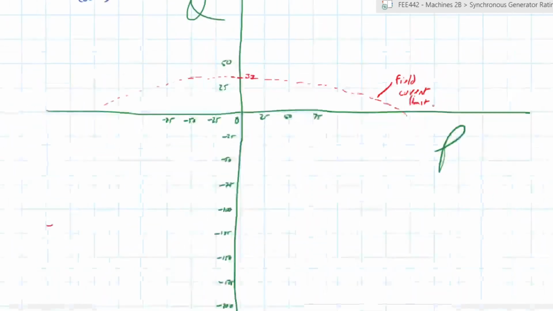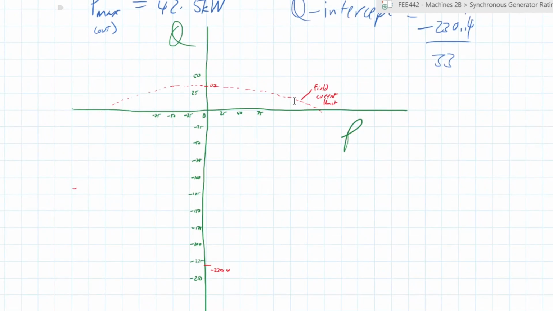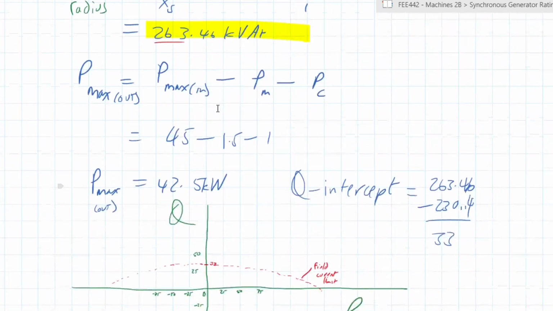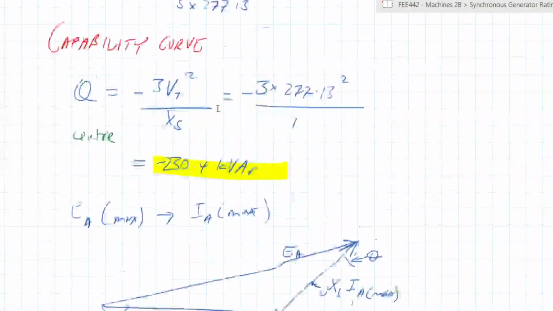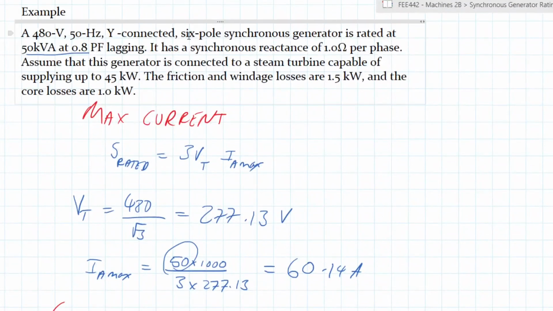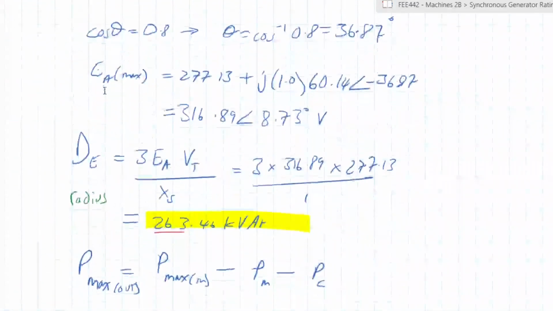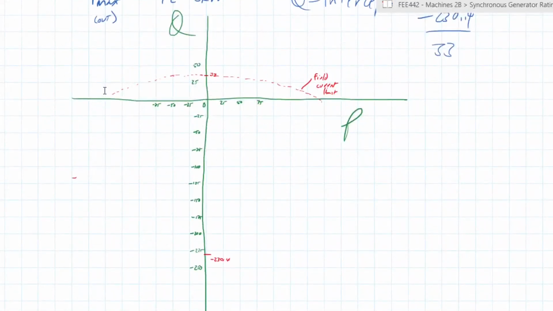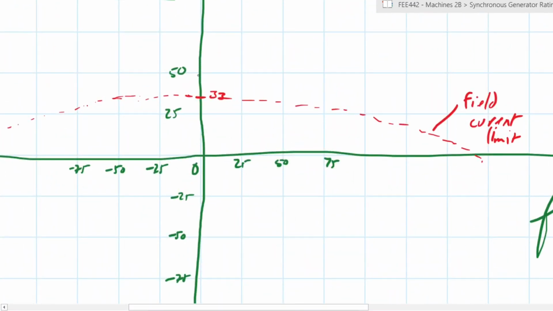Right. Next, we look for the stator current limit. The stator current limit is the limit of the generator itself. So how much power can the generator itself generate, which is 50 kVA. So we will have a circle around the center with a radius of 50 kVA. It can produce 50 kVA in any direction.